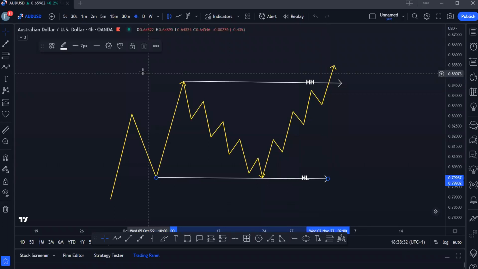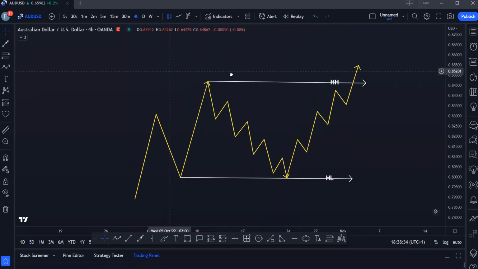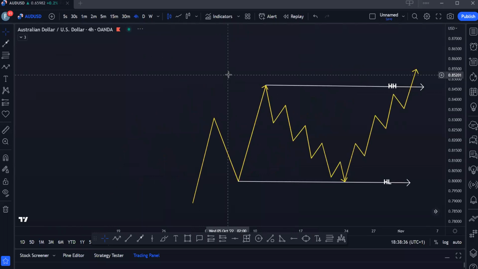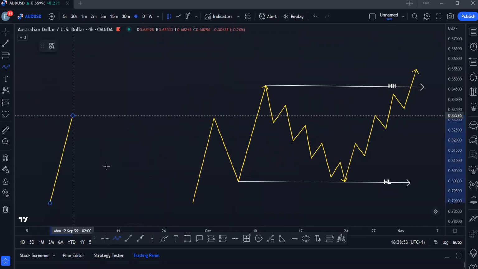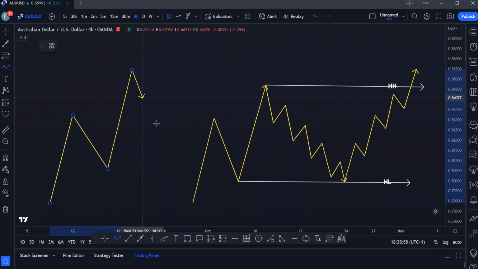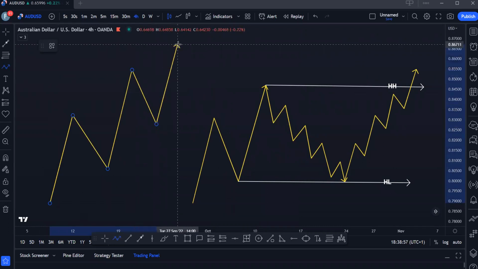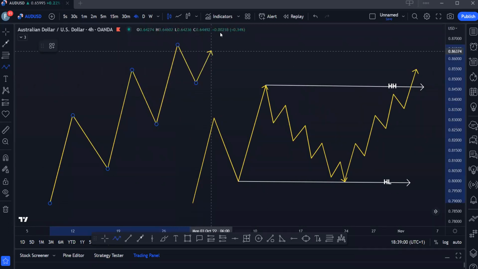Because what we were taught when we were learning structure as a beginner was a generic way to look at the market. You were taught an idealistic market structure. Now, very often, price does not present itself perfectly like this.